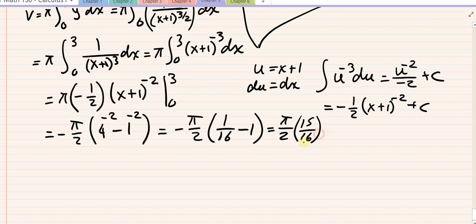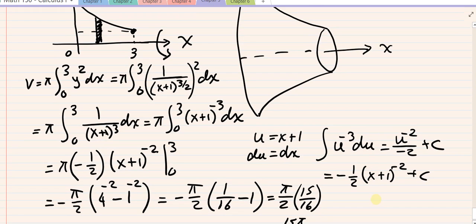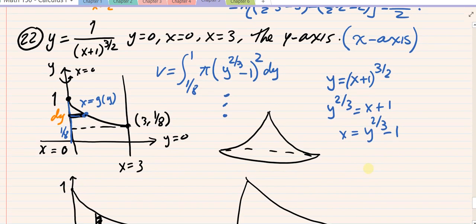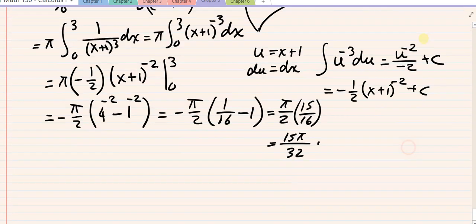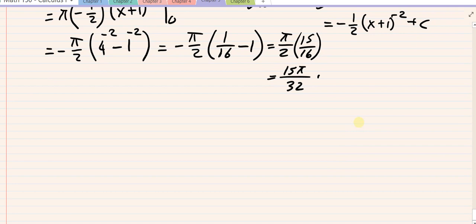Negative times negative, this makes positive. So the answer is going to be 15 pi over 32. And that's what that is. Again, if you set it up incorrectly, you get a whole different answer. All right, that's number 22.